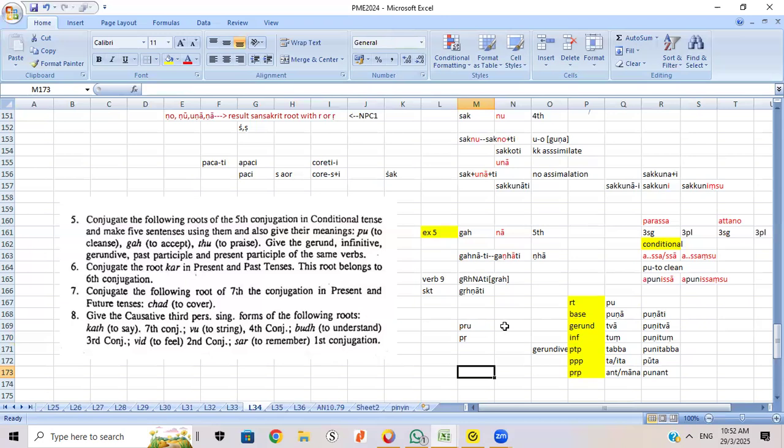So it becomes puna. I put punati, punitvā, punituṃ. Punituṃ has the dot, sometimes not.